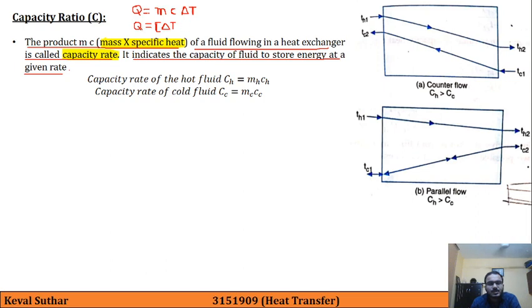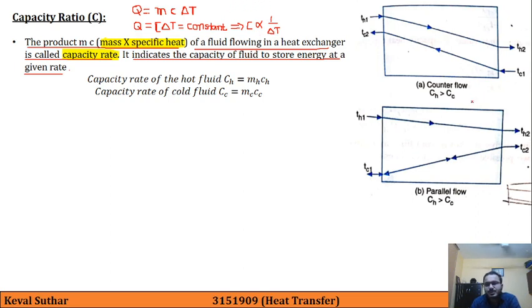Suppose we consider that Q is constant, that is, let's assume this multiplication is constant. Then capital C and delta T are inversely proportional to each other. That is, the higher the value of the capacity rate, the lower will be the temperature difference.